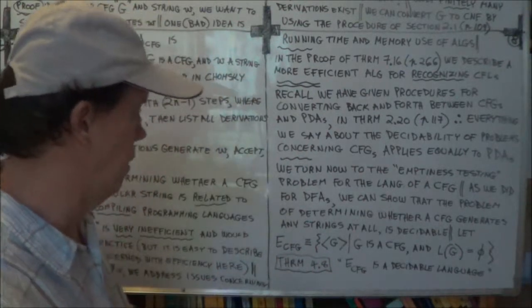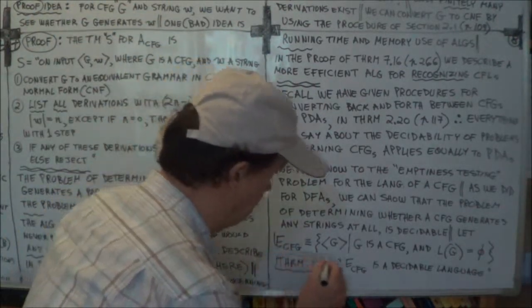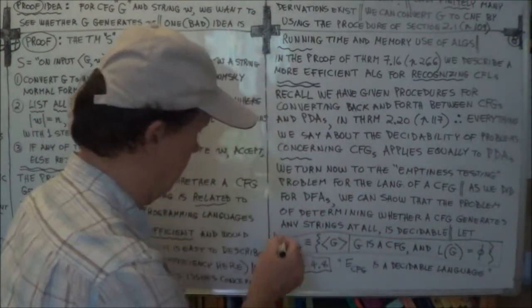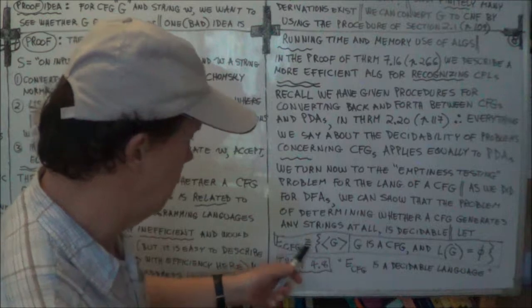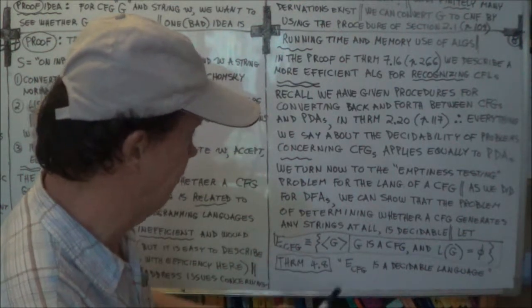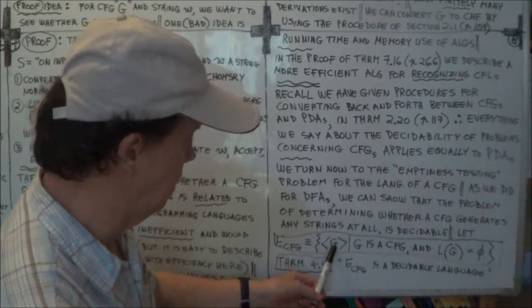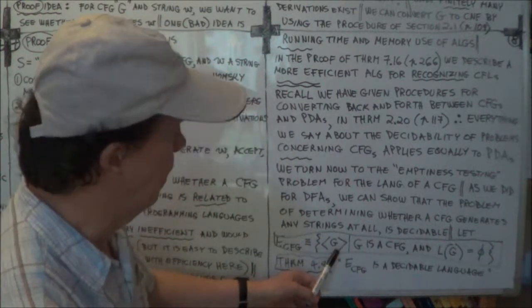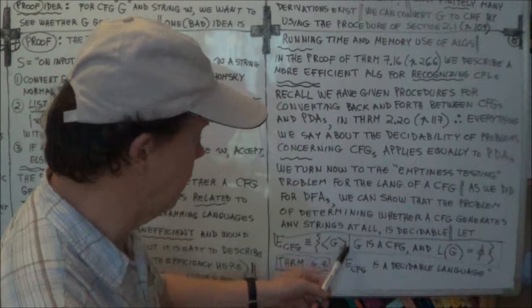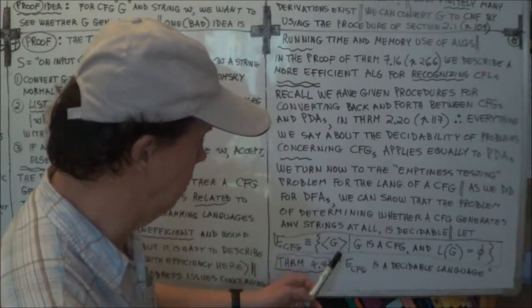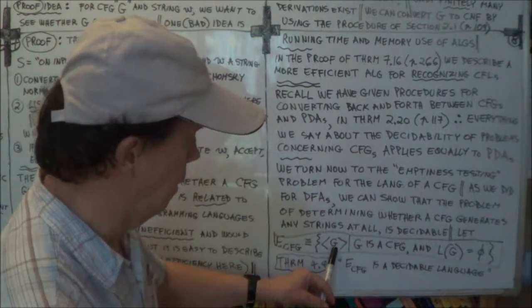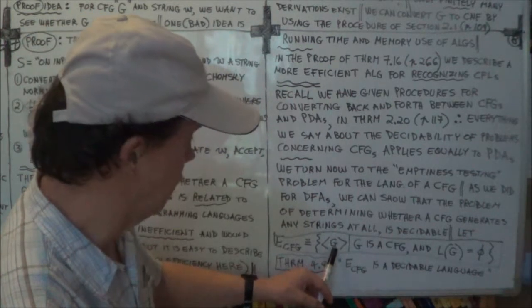Now here's again, I haven't put the rectangle around it. I'll do that now. So here's your language, the members of this language, of this form. Now there's no w, we don't need it. All we need is the details about the context-free grammar.